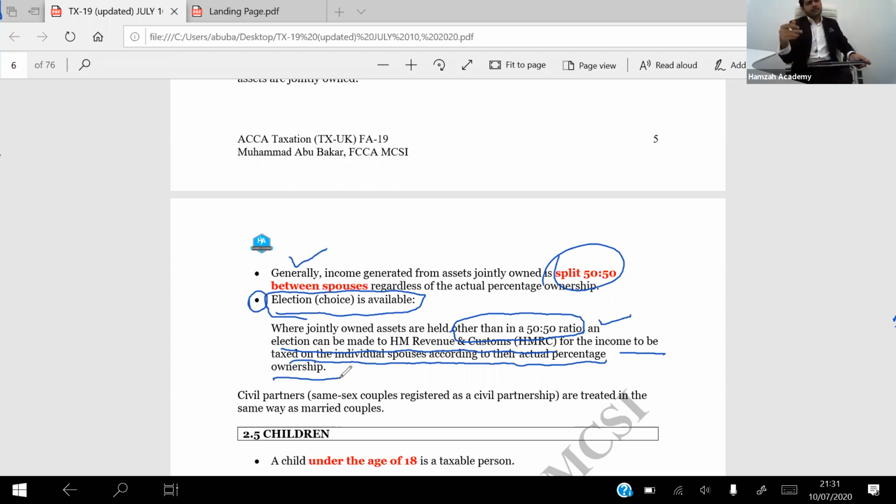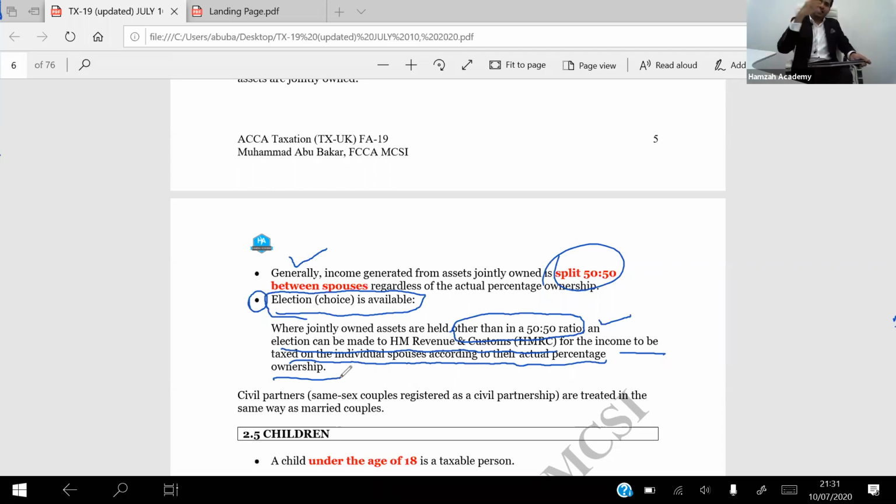So they can tell us, actually, she owns the house 80%, I own only 20%. And they will do it accordingly. Or if they do not say anything, HMRC will consider the house is split between two partners, 50%, 50%. So if the house is generating a rental income of £1,000, 500 is my income, 500 is my wife's income.